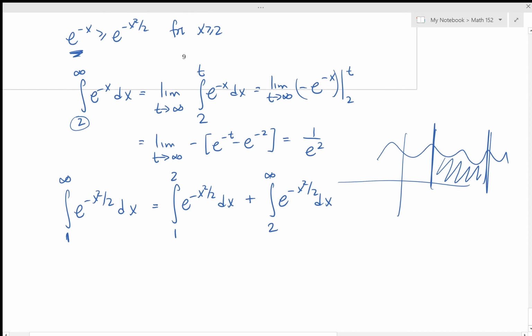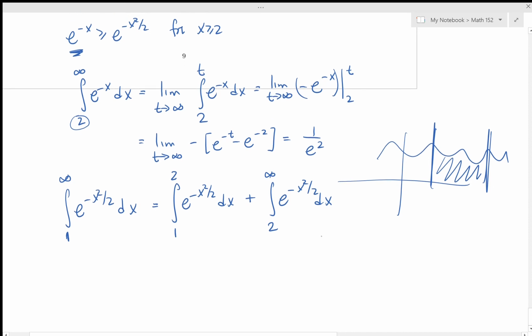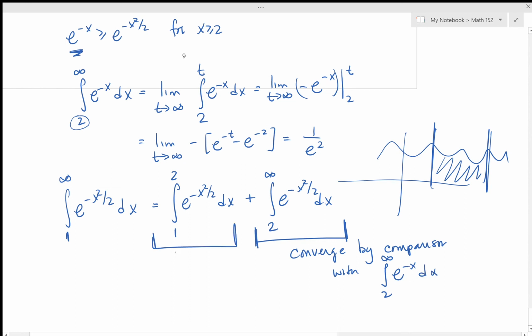Okay, what do I know? I know that this one here converges by comparison with this. And this one is finite. It's some small little slice of area.